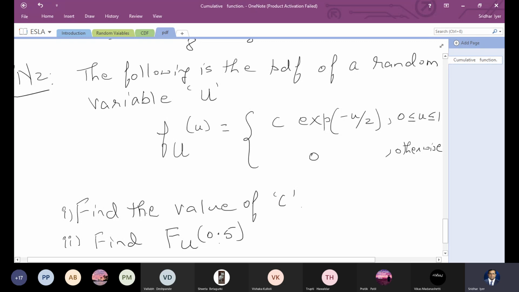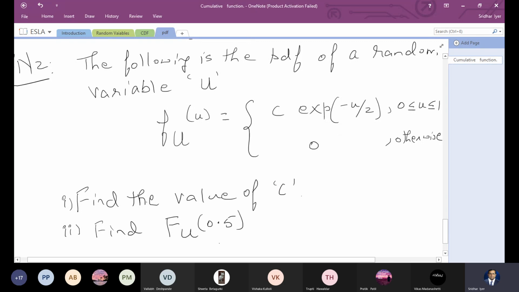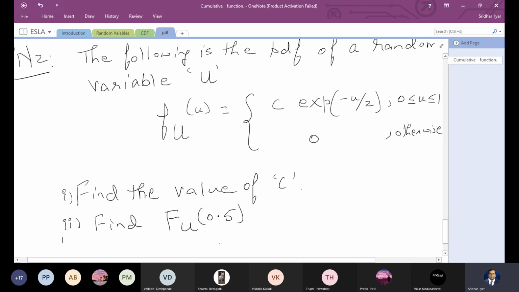So the second part is asking you to find the CDF. Okay. So I'll just give you a minute. I'm very sure you'll be able to find the first part. You have to apply the same property. The total area under the PDF is going to be 1. Okay. So just try it out. I'll give you a minute.